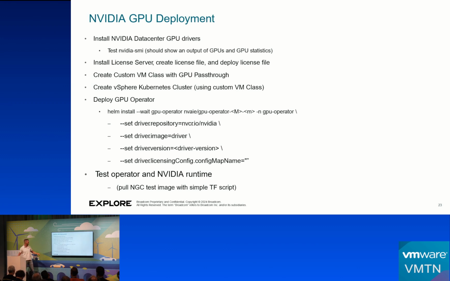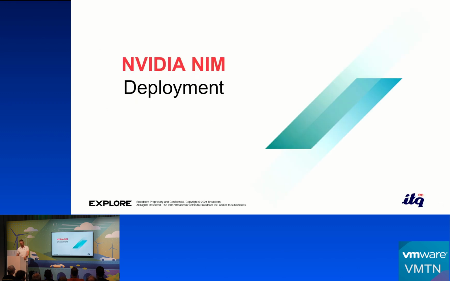And validating that, there's a couple of simple applications you could use. The NGC platform, NVIDIA GPU Cloud, has several Docker-packaged applications you could use to test the capabilities. Then, deploying a NIM, and this is pure magic.